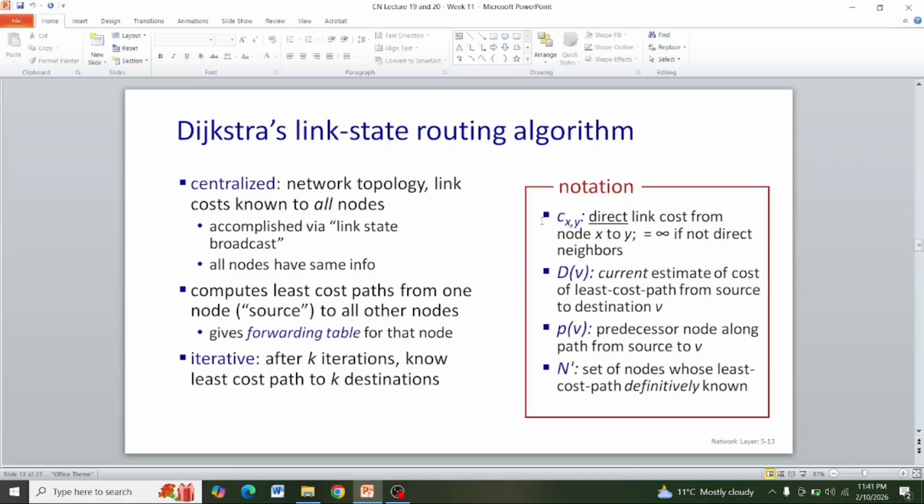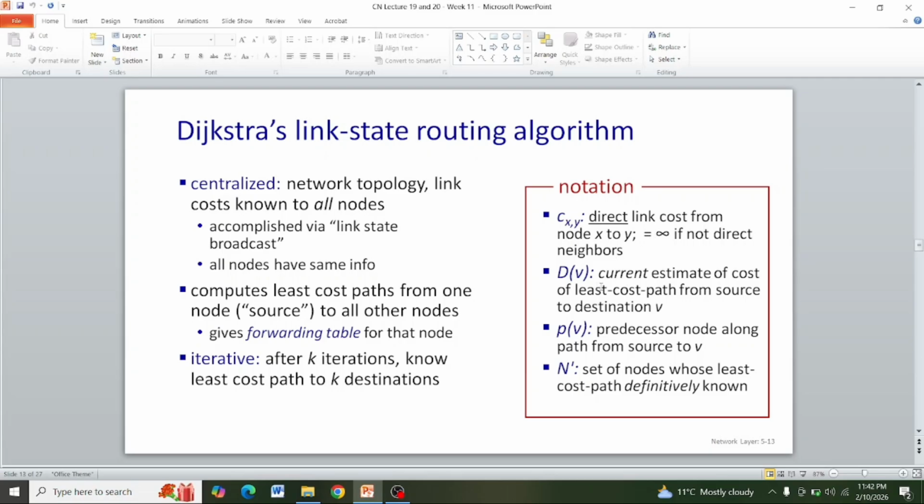Here we see the notation C(x,y). It defines that x is the source node and y is the destination node, and C represents the cost of moving from x to y. If there is a direct link between x and y nodes, then we will get the cost of that link. But in case there is no direct link between x and y nodes, then we will initially consider the cost equal to infinity.